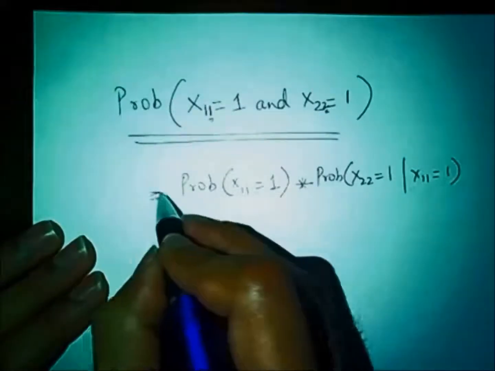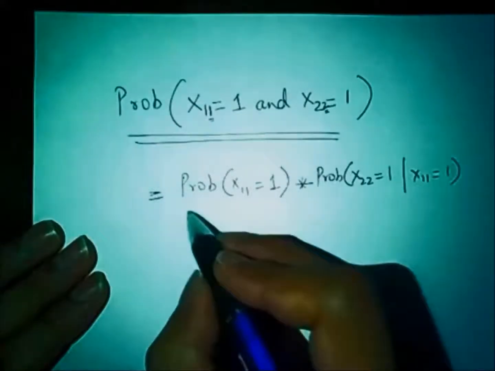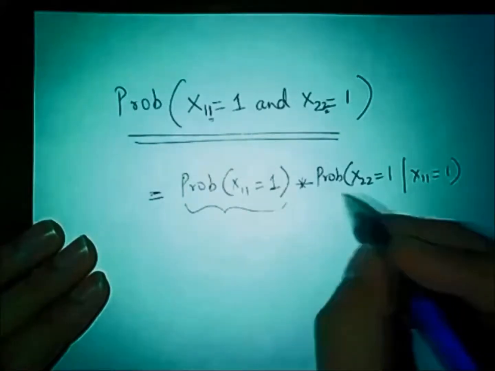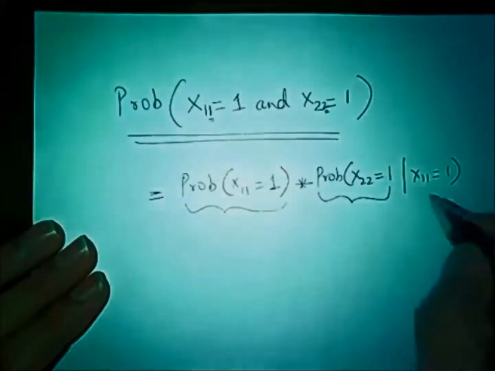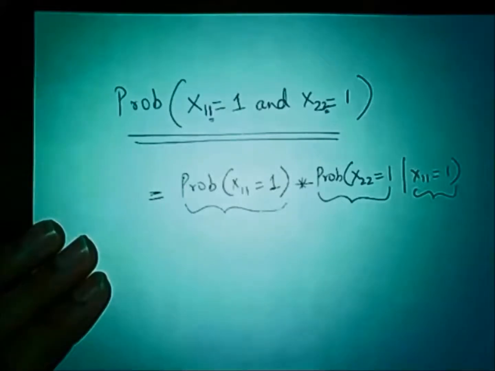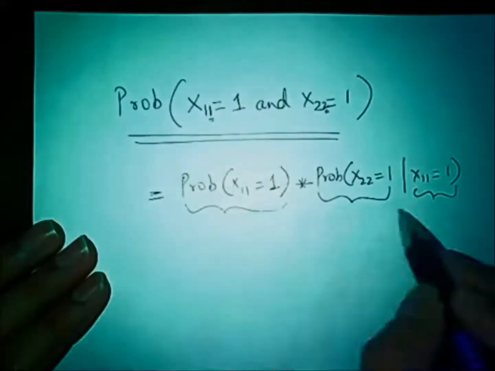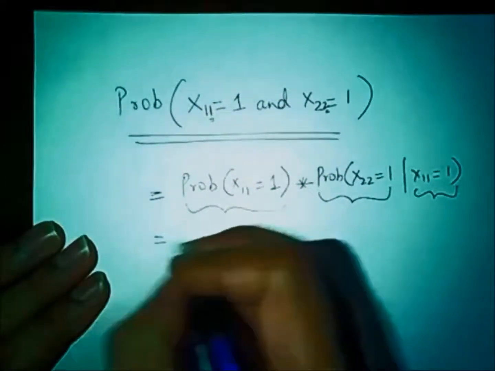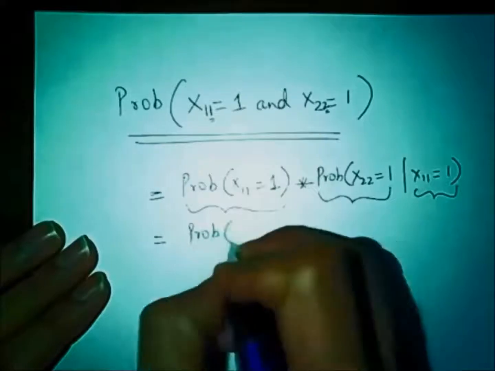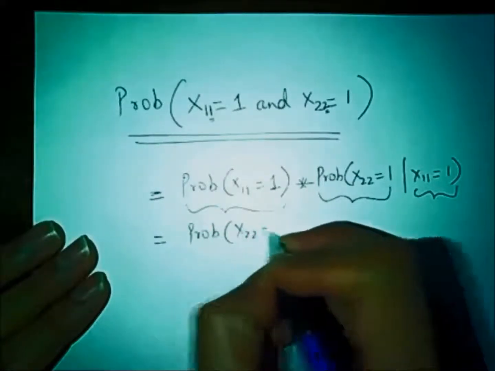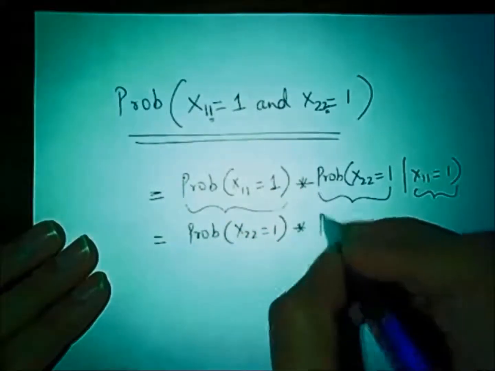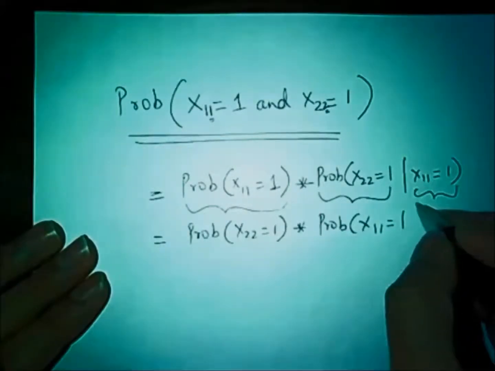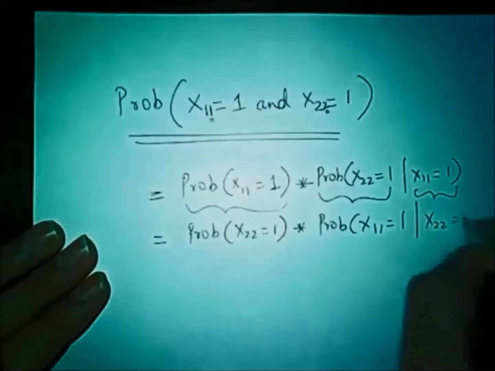So you can think of it intuitively as assuming that this happened first and then you want to calculate the probability that x2^(2) would be 1 given that x1^(1) already happened. So this together would give you the joint probability. As you can see, this is also equal to probability that x2^(2) is 1 multiplied by the probability that x1^(1) would be 1 given that x2^(2) equals 1.